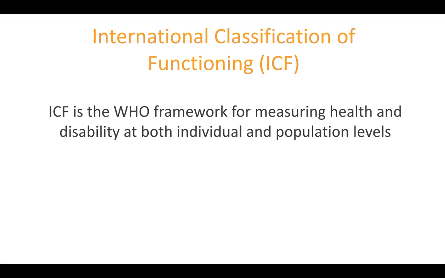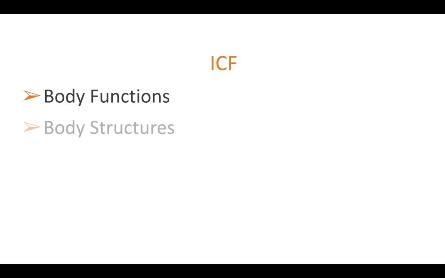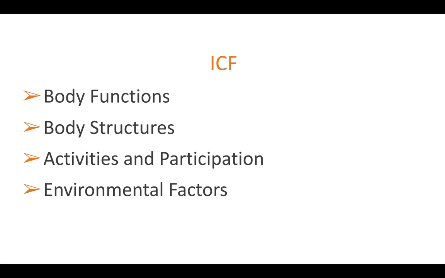So the World Health Organization takes on a larger picture. But the international classification of function goes along with that World Health Organization framework. It looks at body functions and structures, activities and participation, and environmental factors. If you think about those 5 domains, it's basically the same thing.